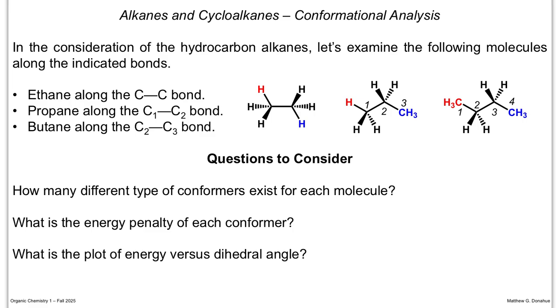So when we talk about rotation, there's a strain or energy penalty induced. So we were looking at sort of the perspective where the carbon backbone is in the plane of the projector, and in the Newman projection, we're looking down an axis. So that would be a staggered conformer.